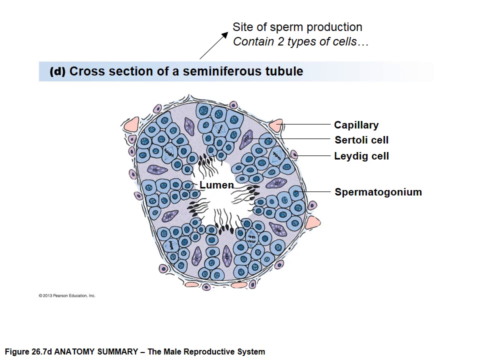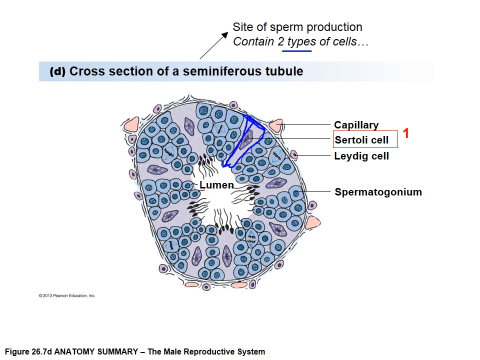So looking at a cross section of the seminiferous tubule, we see that it actually contains two cell types. So firstly, the Sertoli cells. So this entire purple large cell is one Sertoli cell. So we see that the Sertoli cells extend from this outer edge of the tubule all the way to the lumen.